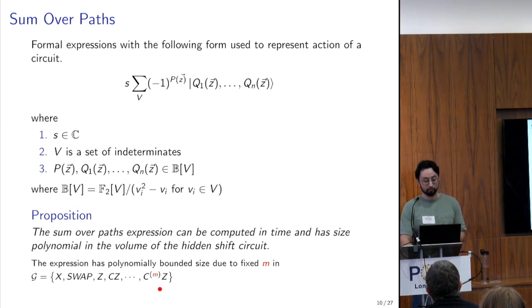This is, again, just due to the fact that we have a bounded number of controls on our Z gates. So this will polynomially bound the size of our expressions, and then each tensor product or composition we use to construct our expression will also take polynomial size in the expression size.